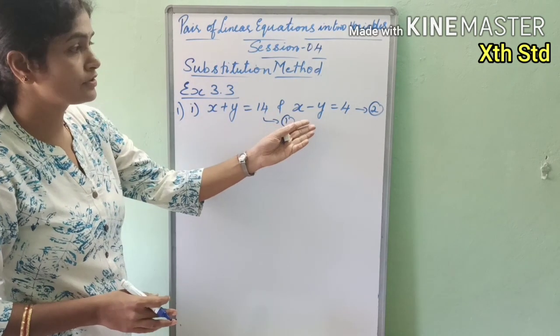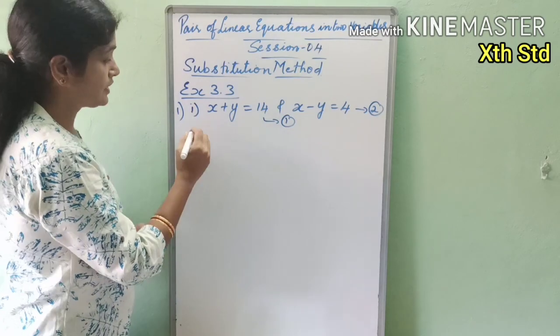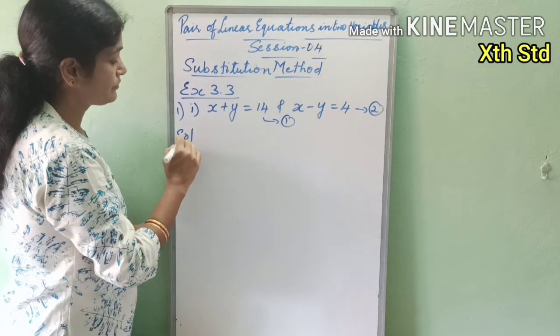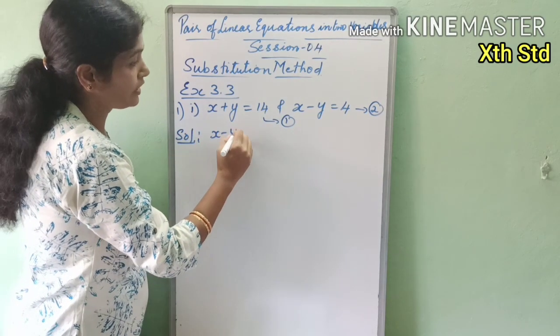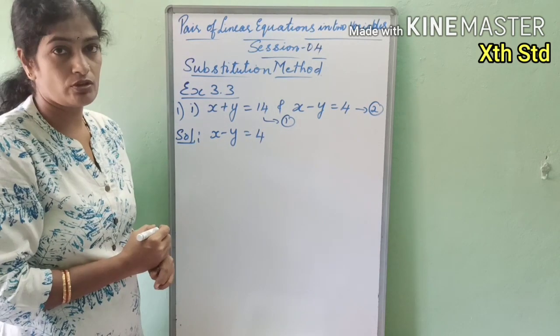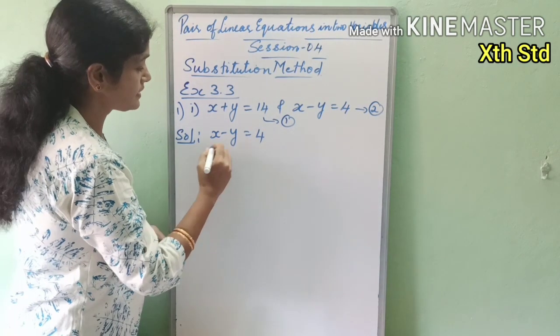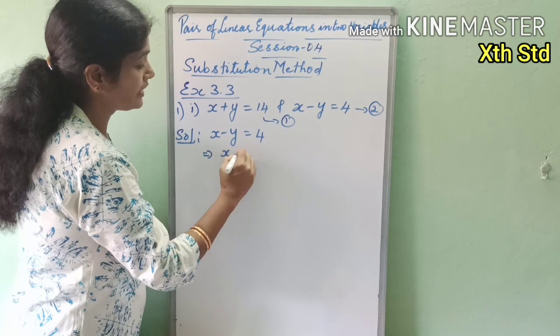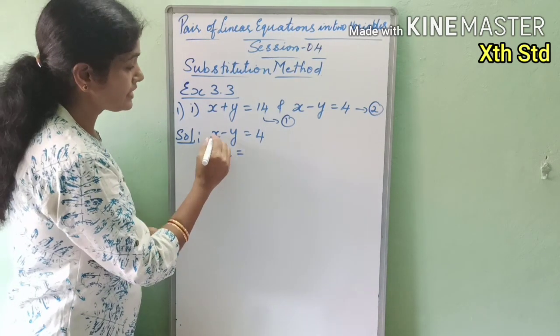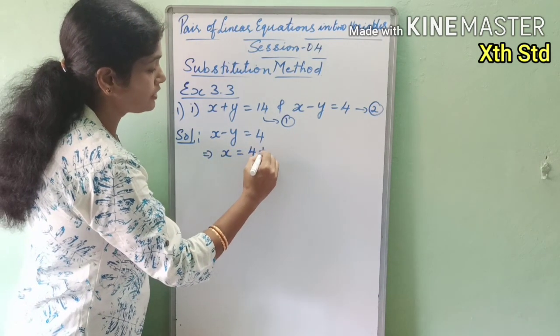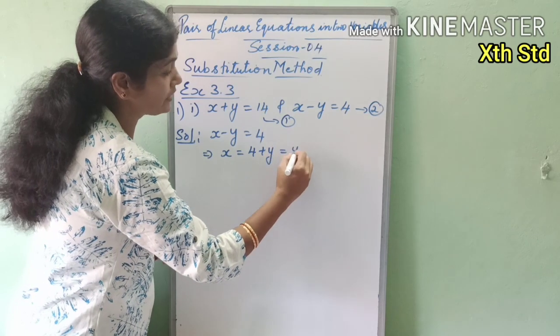Either you can express x in terms of y or y in terms of x. Suppose x minus y is equal to 4 is the equation you have chosen, then we will express x in terms of y, which implies x is equal to 4 plus y, that is nothing but y plus 4.